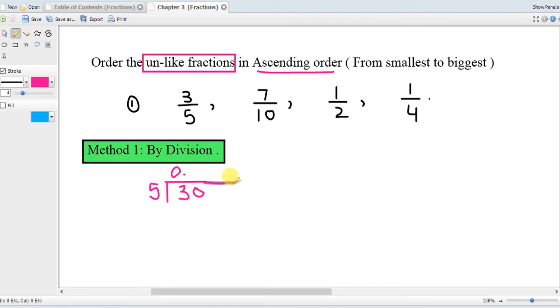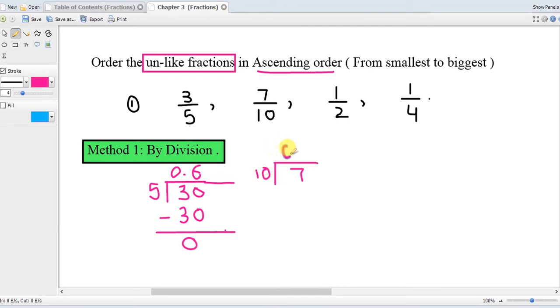Now this number becomes 30. Start counting the times table of 5 up till 30. That will give you 6 times 5 is 30 exactly. According to the rule of division, take away these numbers and we're left with 0 remainder. Now solve the second one, 7 comes inside and 10 is your divisor.